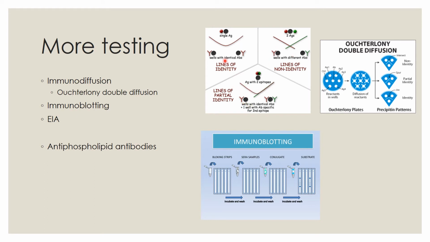Okay, so in the arc, we know that this is a sign of identity for that particular specimen. Okay, if it's a crisscross, right? So if it's an intersect, sorry, that means non-identity, and a spur refers to partial identity.